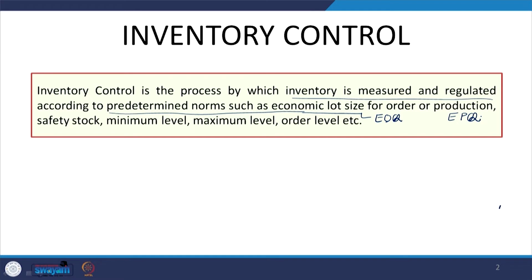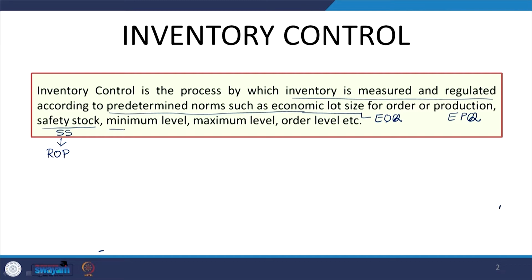Then safety stock, we discussed how different types of safety stock calculations affect our calculation of reorder points, which depends upon variability in the lead time and variability in the daily demand.